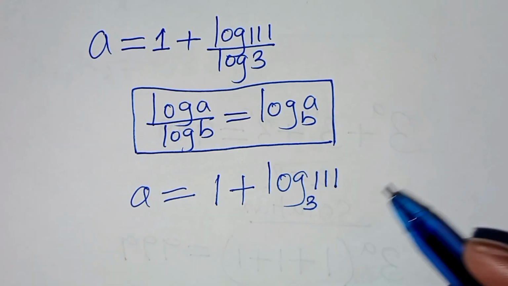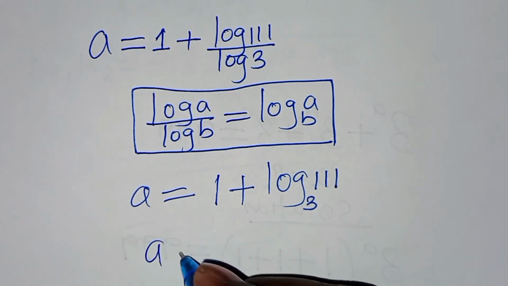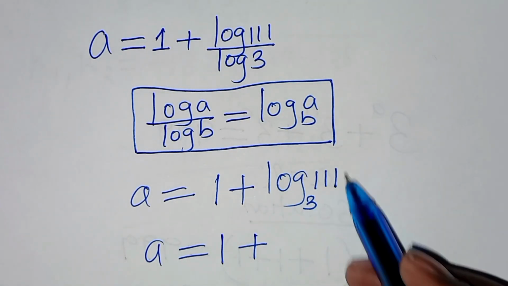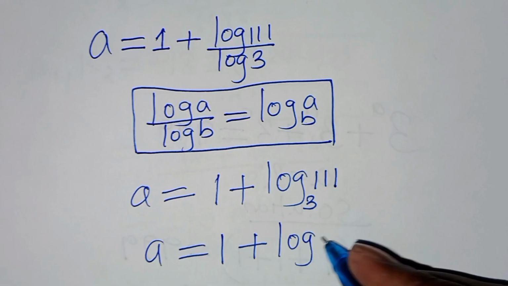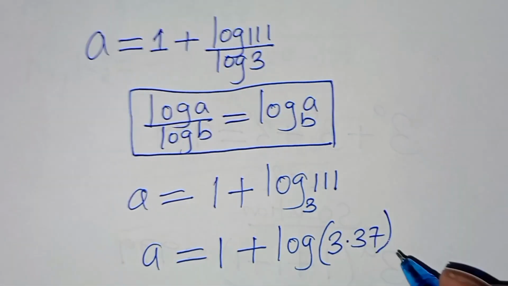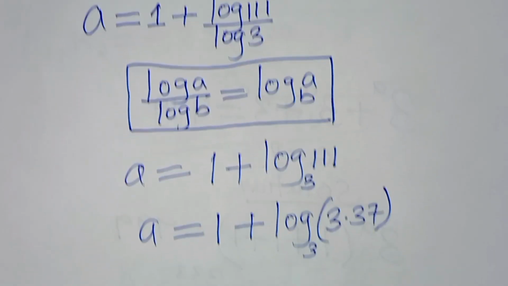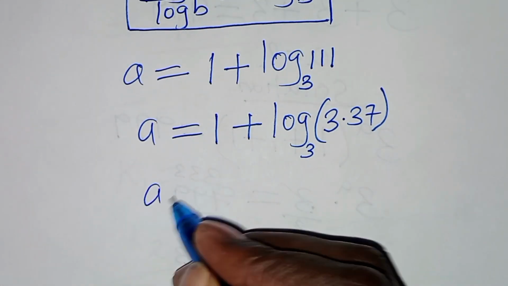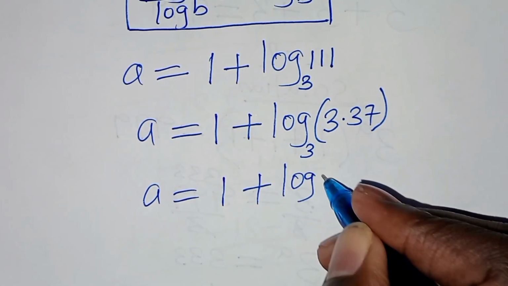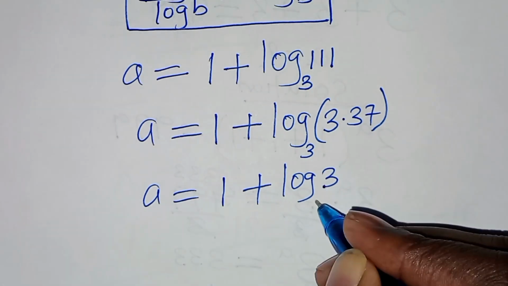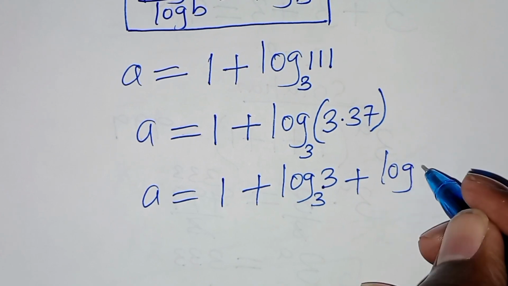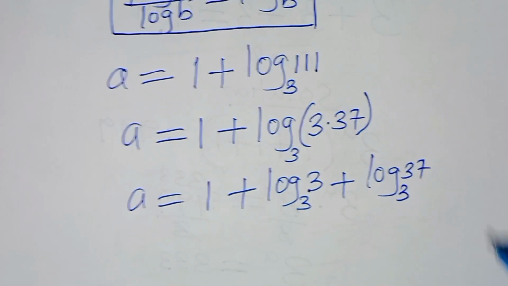Now the next step from here, we have that a is equal to 1 plus, now log 111 can be expressed as log, this is the same thing as 3 times 37, and this is to base 3. So here we'll have a is equal to 1 plus log 3 to base 3 plus log 37 to base 3.